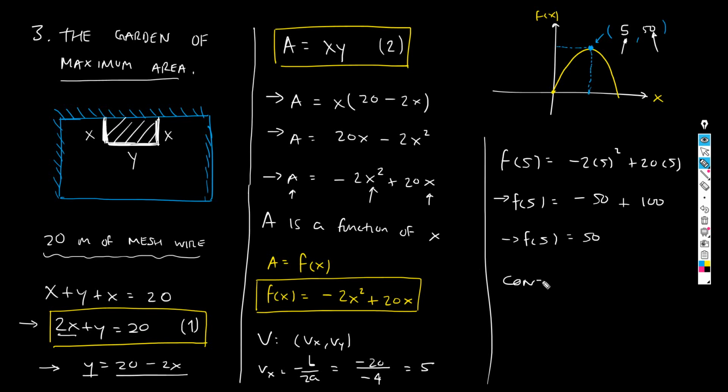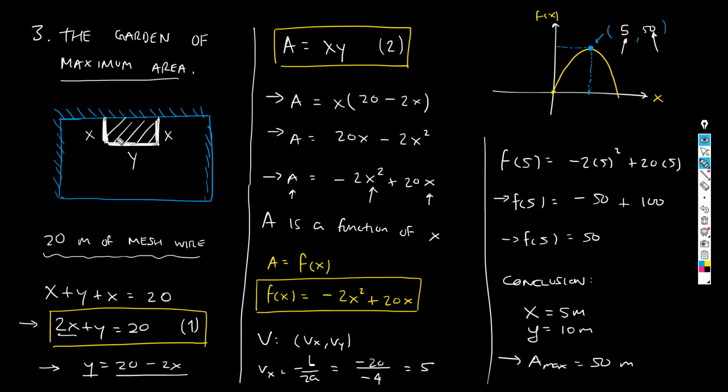So conclusion, let's conclude the problem. X equals 5 meters of mesh wire and y equals 10 meters of mesh wire will give me a maximum area of 50 meters. Okay, so the dimensions of the garden have to be 5 and 10 meters in here.